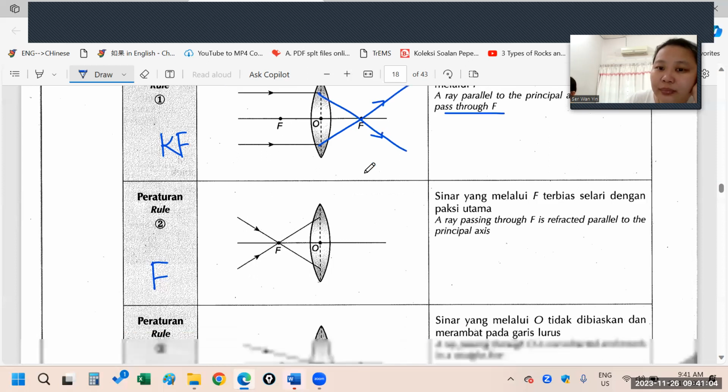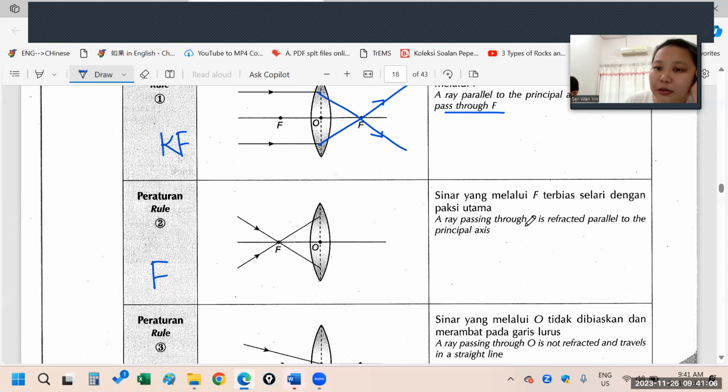The ray that passes through F is refracted parallel to the principal axis. So we say this is FK. The light that passes through F will go parallel after that.